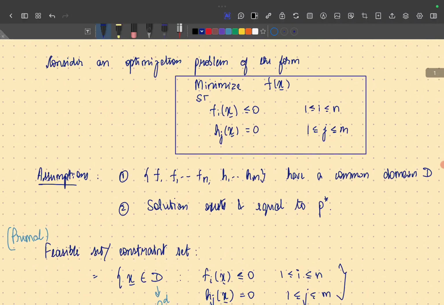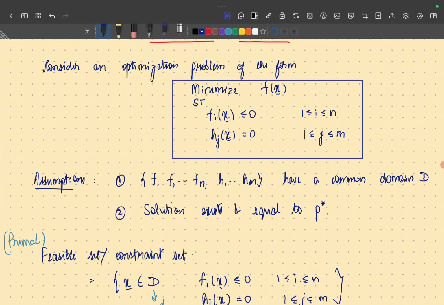All right, so you're presented these functions: you're given f of x, you're given f1 of x, h1 of x, and so on. The goal is, even before I get to solving this optimization problem, can I come up with non-trivial upper and lower bounds? Let's start with the easier one.